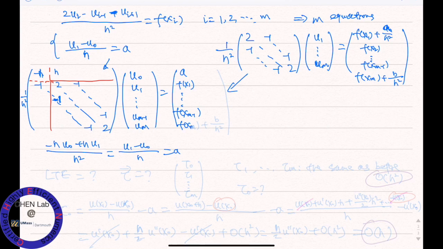Now for x_m, this is the condition at x_m. Now we do need to add that h squared times u at x_{m+1}, which is b. So that will be the way to enforce the Neumann boundary condition at one node.